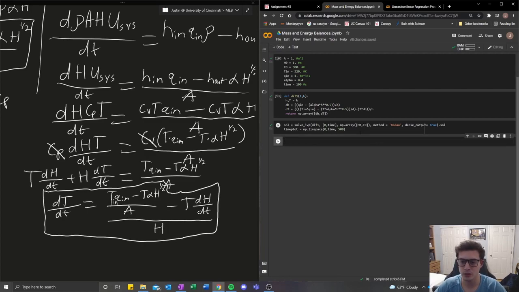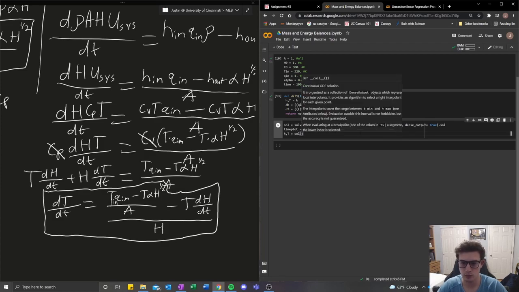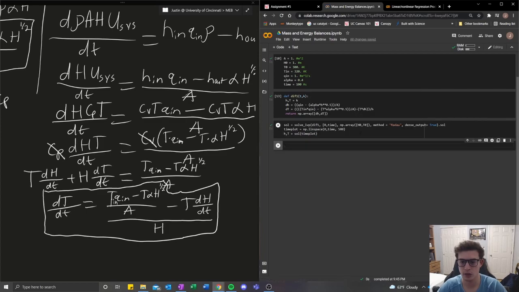Then what we're gonna need to do is pass our two variables here through this function, and we want to do that with the time plot values. And now we can go ahead and plot the data.